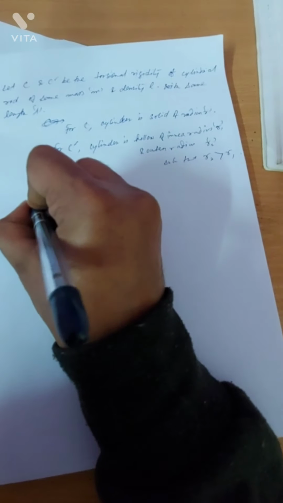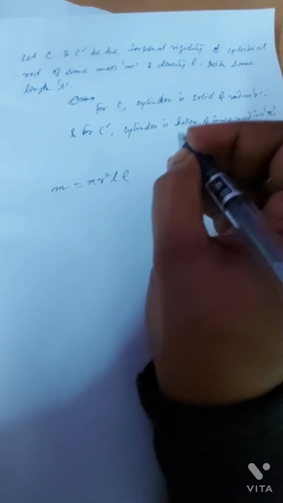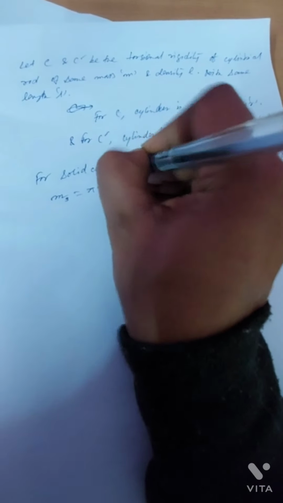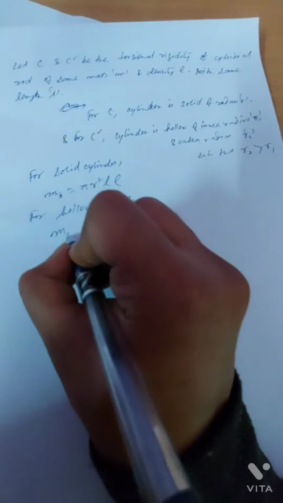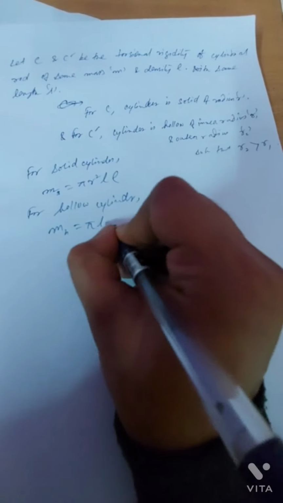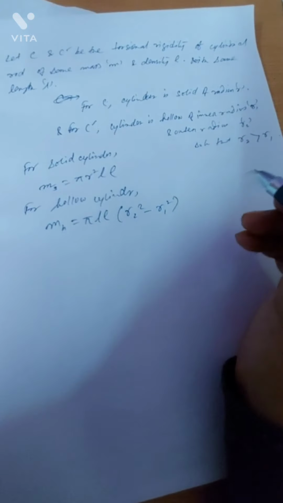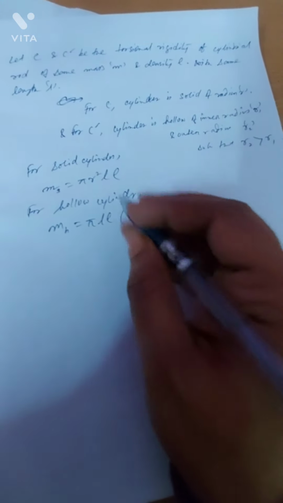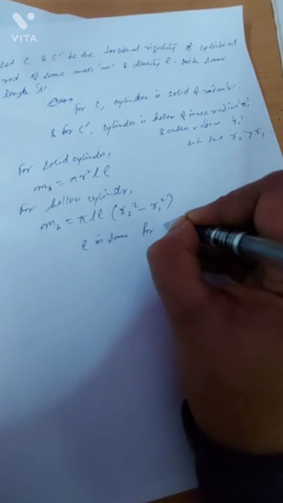Fine. So now the mass is given by pi r square L into rho for the solid cylinder, say ms. For the hollow cylinder, m hollow is equal to pi L rho times r2 square minus r1 square.